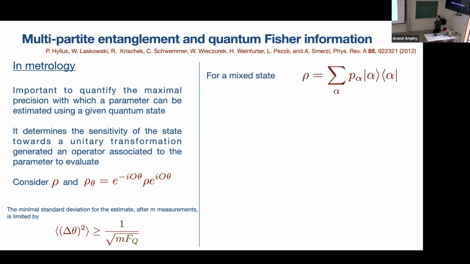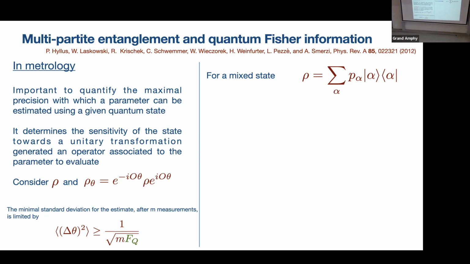So what is the definition starting from the state rho? If you have a mixed state, so far I did not tell you anything about the connection to entanglement. This is just the definition of quantum Fisher information.